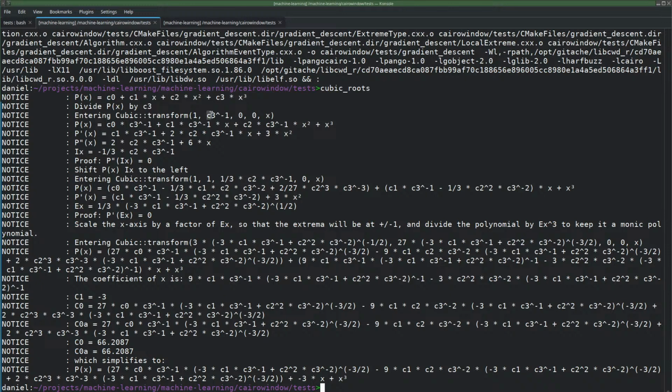So now we can see divide by C3 and then shift the x-axis by that. Now this doesn't change the roots.